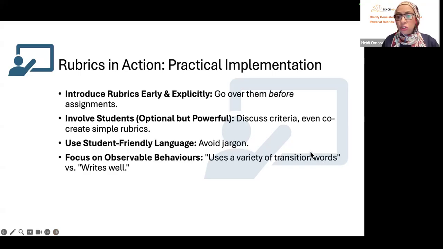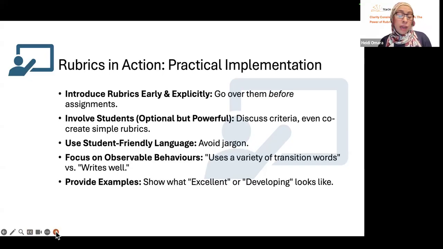So you want to use transition words, put it in the rubric. Make sure that the rubric has everything that you want to assess the students against. But saying "writes well" or "good writing" is not something measurable. It's not something that the student can catch on. It's like, describe well or good writing. I don't understand, what am I supposed to do?